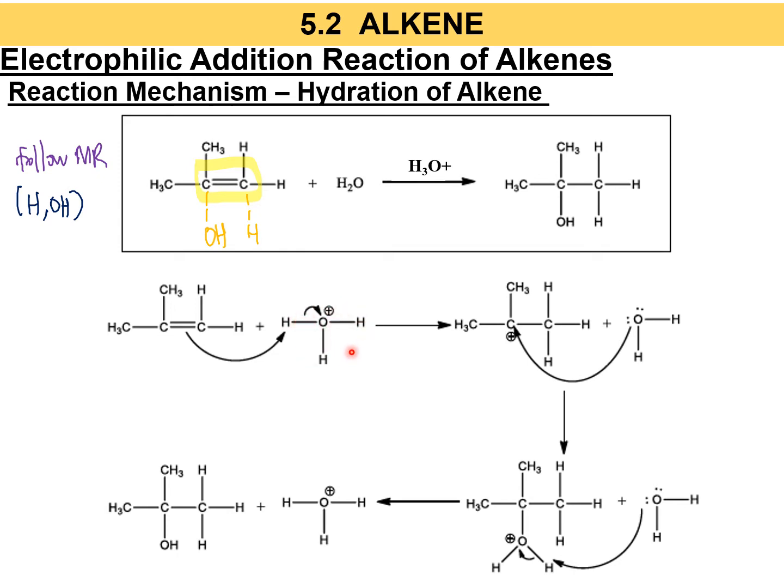Therefore, kat sinilah di mana you have to apply yang follow Markovnikov's rule. The carbon yang ada banyak hydrogen atoms akan dapat the hydrogen, manakala carbon double bond yang satu lagi akan jadi carbocation ion.